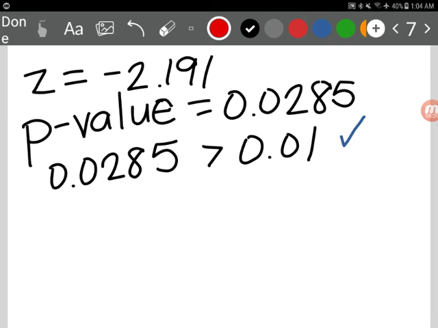We want to know, do we reject or do not reject our null hypothesis?